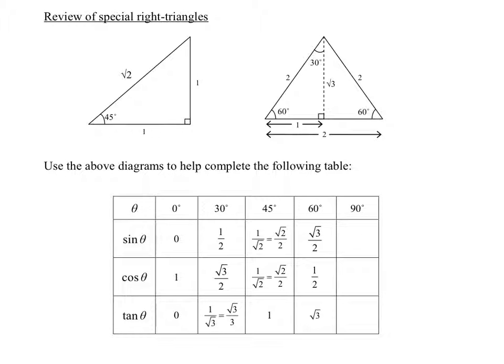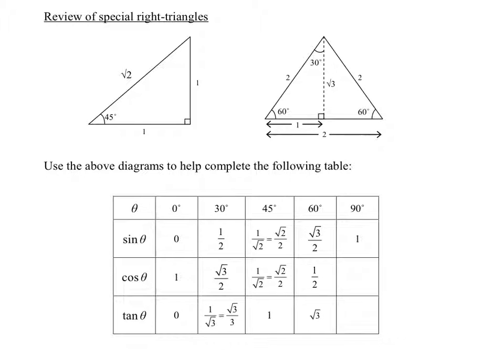So if you imagine what sine of 90 degrees would be, as this angle here gets closer and closer to 90, this side here gets closer and closer to what the hypotenuse is. Right? This side gets much, much bigger. This side also gets much, much bigger, but they become almost the same value. And so sine of 90 degrees is actually equal to 1.